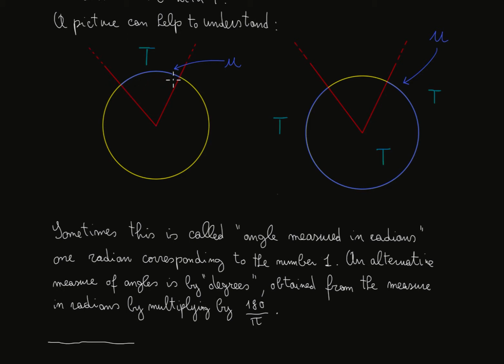And the 6 is referring to a unit of measure, which is the radius in this case. So each unit of measure is called a radian.